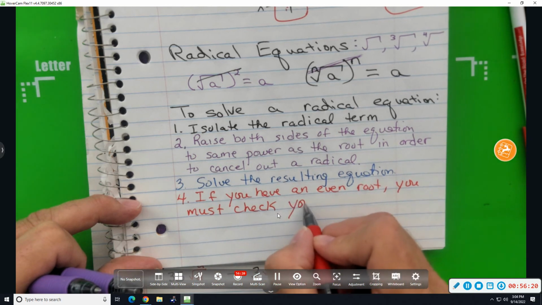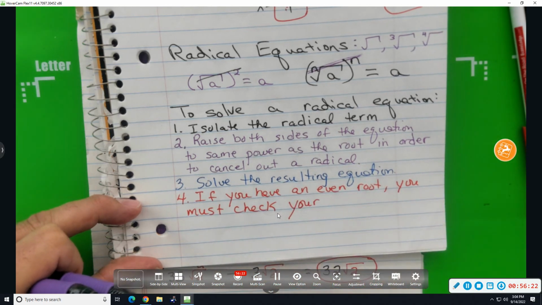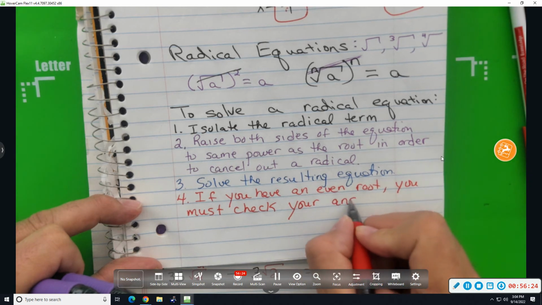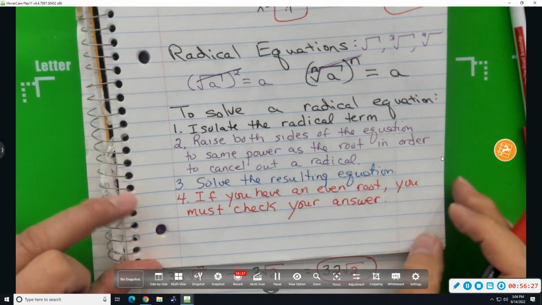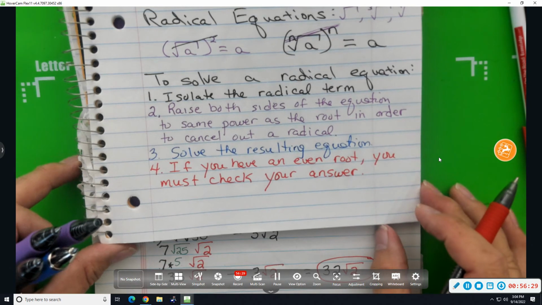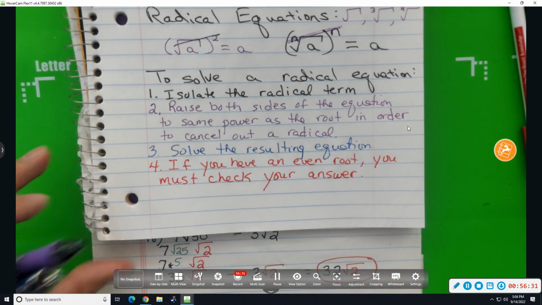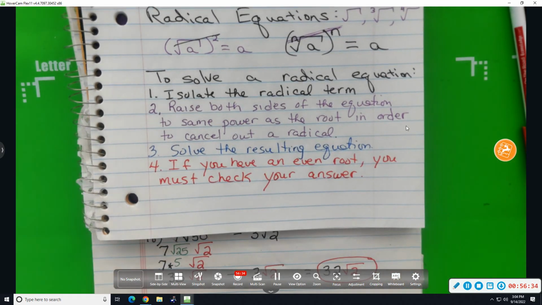When you start squaring both sides of an equation, you run the risk of picking up numbers that aren't really solutions. You're going to get some extra, wrong solutions. So for even roots, mainly square roots, if there is a fourth root in the assignment, that is not one you really need to check. You need to check these square roots, and I'll show you how to do that. It's going to be a little messy.